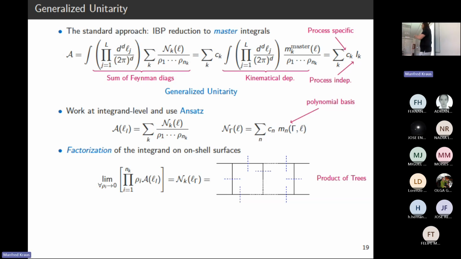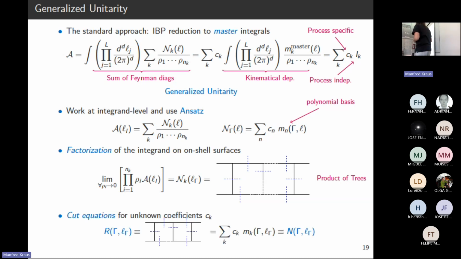So if you have, for example, four gluon boxes, you send all of the propagators to zero, then you have a product of four three-point amplitudes. So now I've reduced the problem of writing down a Feynman diagram for a loop topology to computing tree-level amplitudes and just multiplying them together.